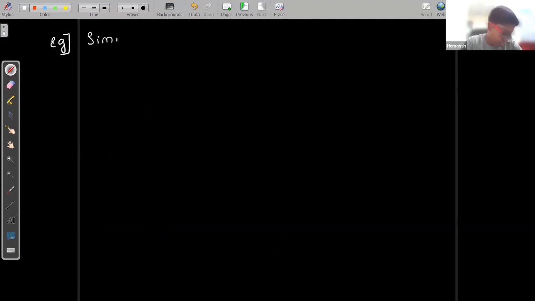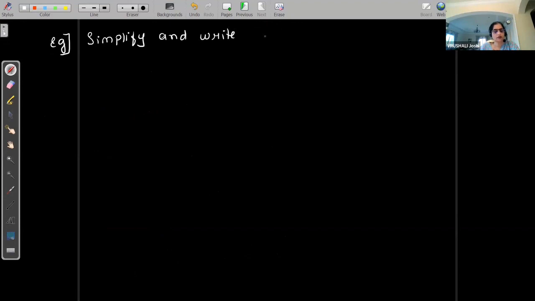Yes. So they have given us: simplify and write the answer in exponential form. That means they don't want you to write the final number like that.